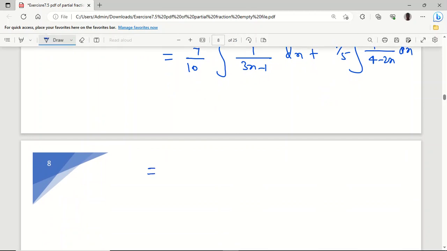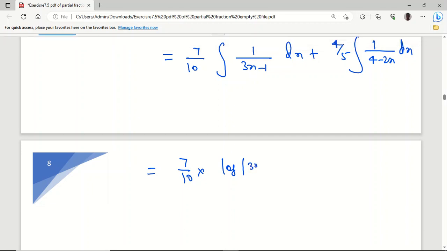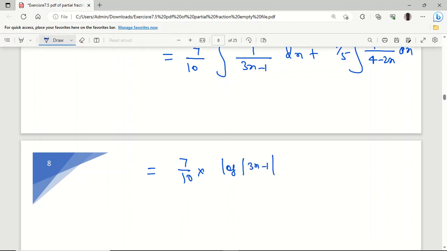So here now we can easily integrate such integrals because they are in the form that gives a log. So I'll write 7 upon 10 into log 3x minus 1, but here 3 is the coefficient of x, so I will have to differentiate it also.